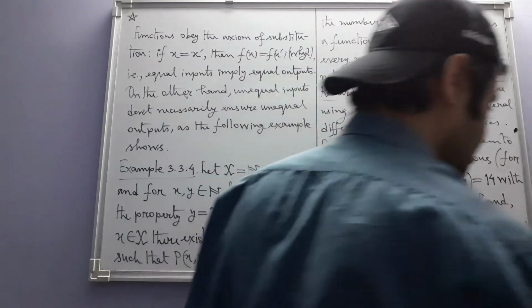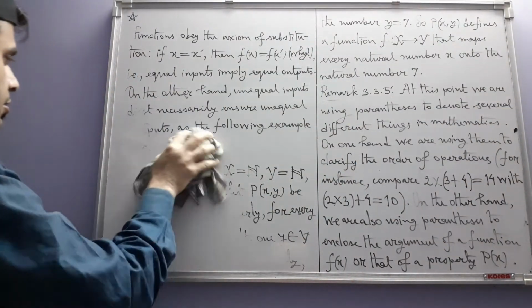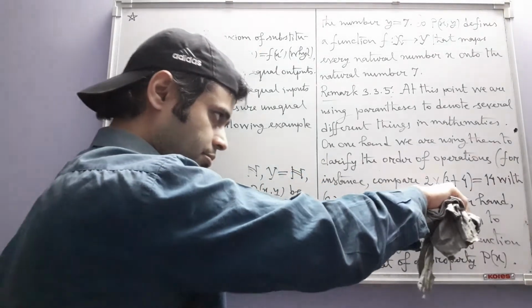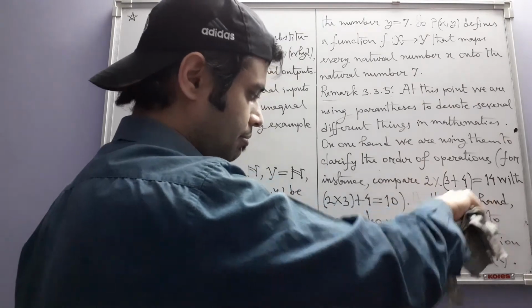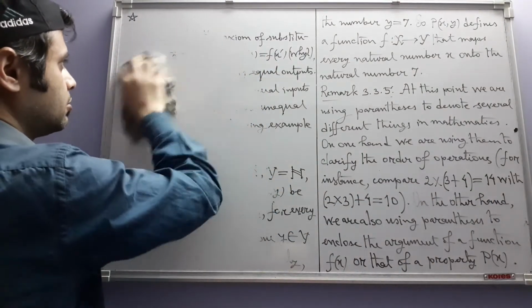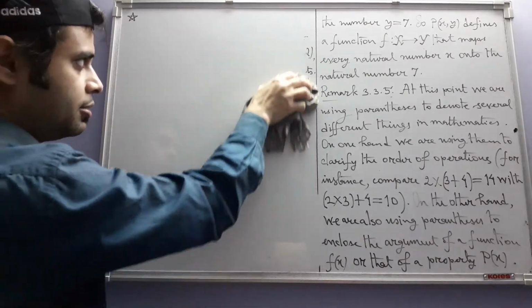Why do we say these things? It's because these two uses are different. You can clearly see here the meaning is something, here it is something else. So will this cause any problem, any ambiguity?